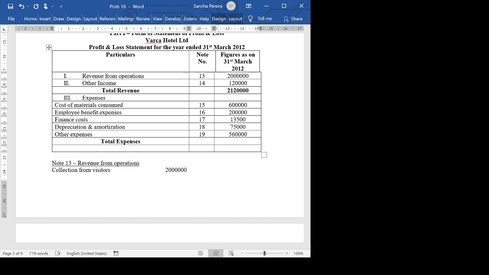So all the expenses put together, check this, it will come to 14 lakhs 48,500. Now we are not done here.